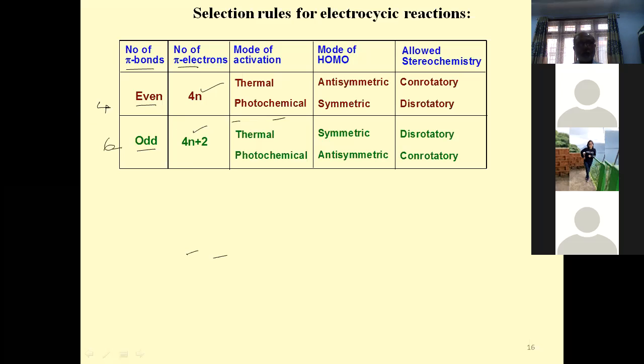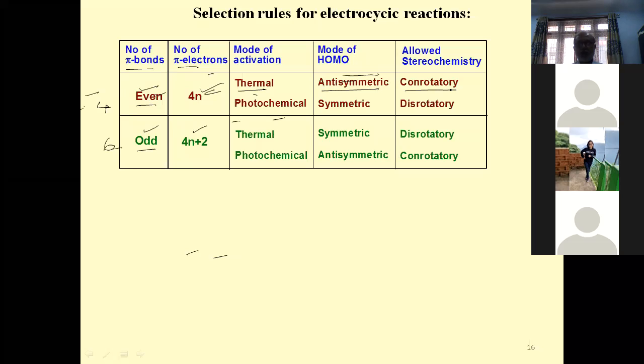So we can also check it in terms of the number of pi bonds, one is even or it can be odd. Then when it is thermal condition, the HOMO becomes anti-symmetric, and the rotation is conrotation.